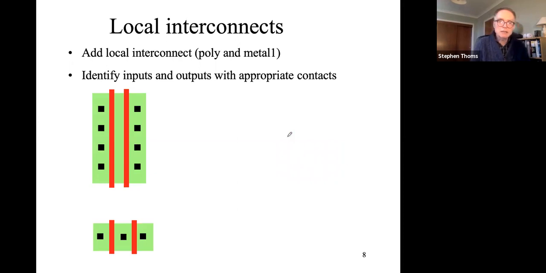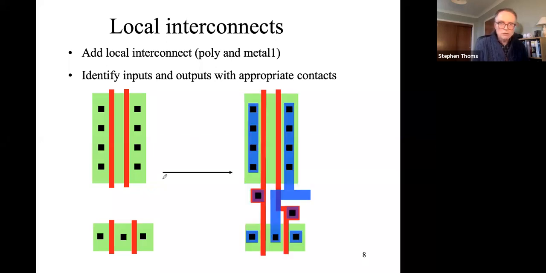So the next thing we need to think about are the local interconnects. The gates, the poly, need to be connected to something, and we need a metal layer as well to join up the various outputs and inputs. So if we do that, we get to here.